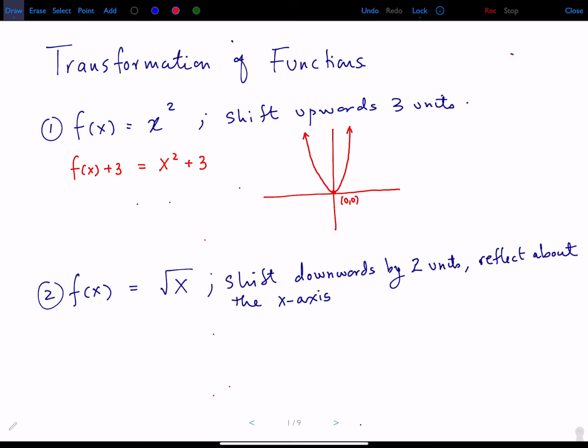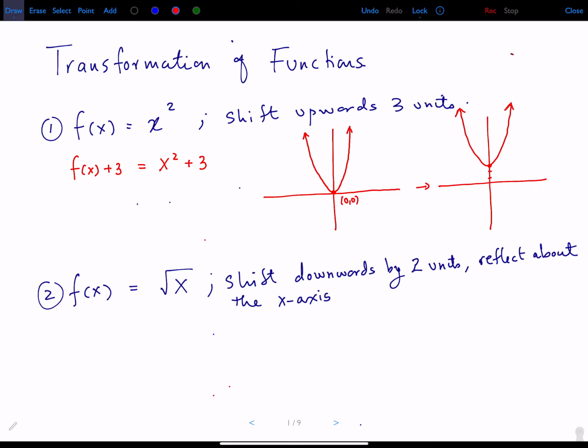And it says do what to it? Move it upwards. So the point 0, 0 is going to move up. The y value is the one that is changing. So you get 0, 3. It's right there. And the graph looks like that.